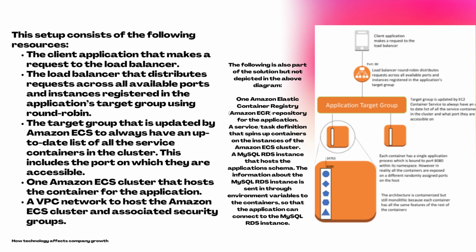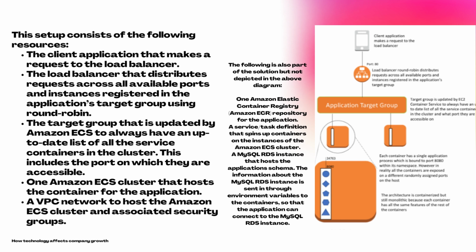Obviously, once you move the application, you will be moving it onto one of the EC2 instances, right? There are many EC2 instances in your cluster. Inside that EC2 cluster we have Docker containers.